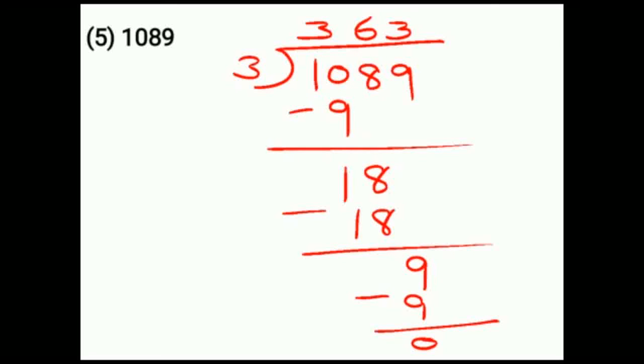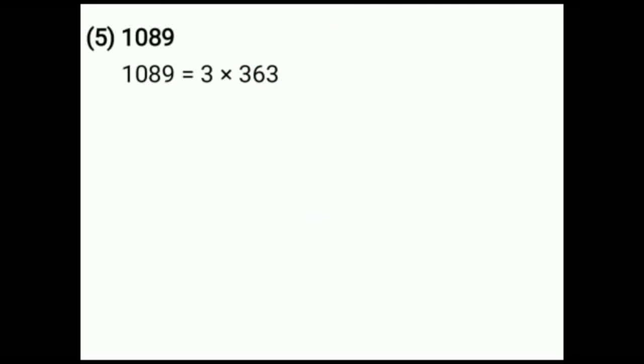When you divide 1089 by 3, quotient is getting 363. That is 1089 is equal to 3 into 363. This 3 you write as it is.